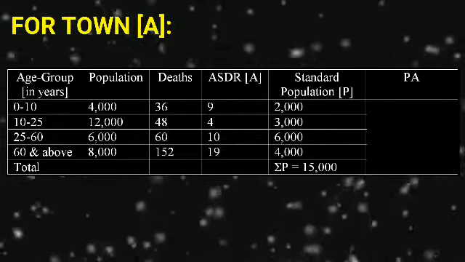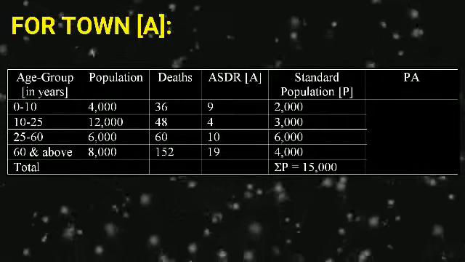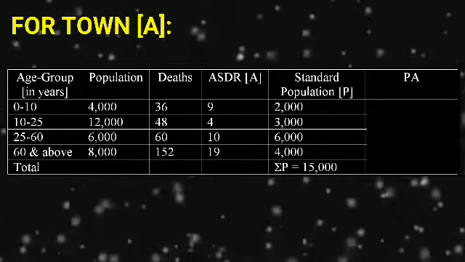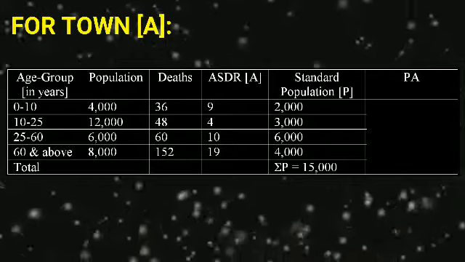So, for the denominator you should consider the sum of P values, the sum of the standard population. For this question, your sigma P equals 15,000.